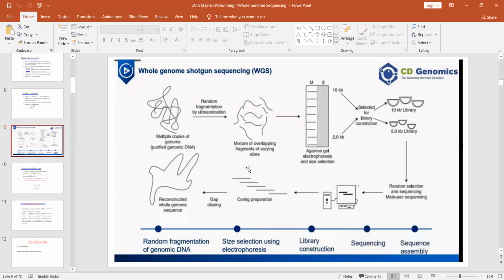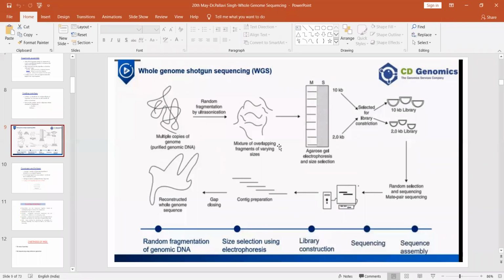And then these purified sequences, the smaller stretches generated from the entire genome, are going to be aligned so that we have the overlapping fragments of varying size. And these overlapping fragments of varying size are then subjected to agarose gel electrophoresis. This is a technique for separating DNA of different sizes based on their molecular size.